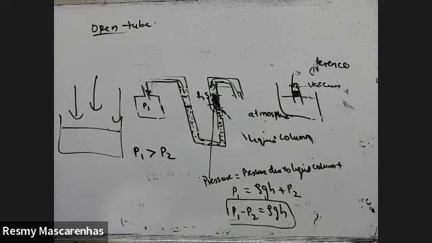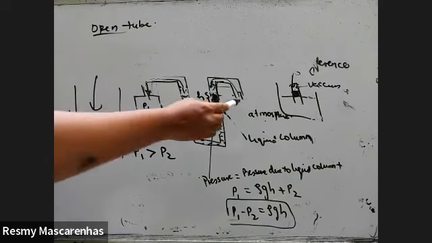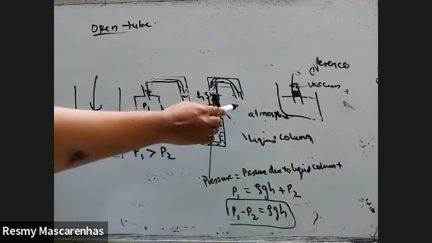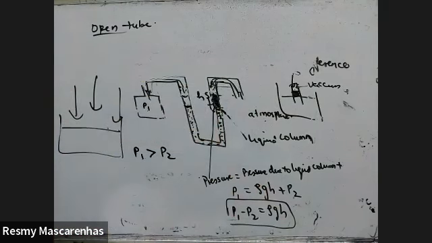Start answering fast. Attempt something, even if it's wrong, I will correct it. No problem. Which pressure is going to come out? What am I going to write here instead of P2 now? What is the letter given if any pressure is coming from the atmosphere?